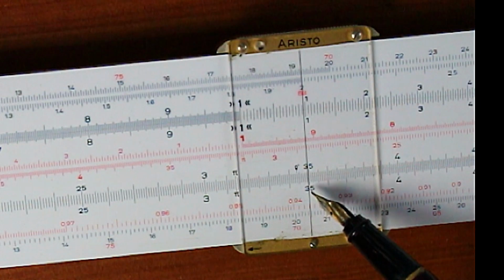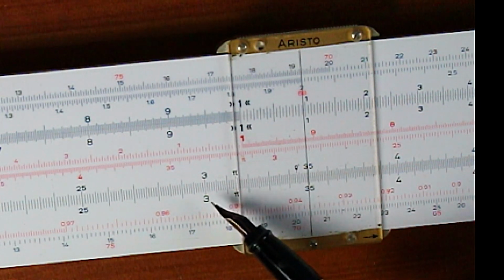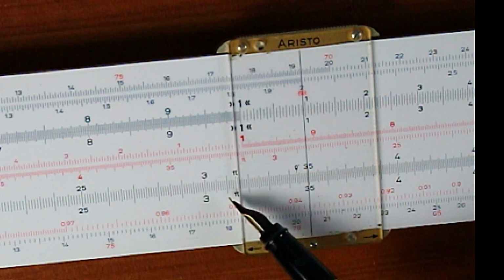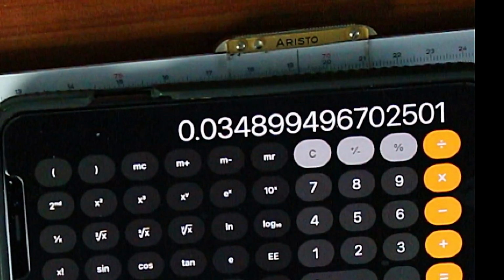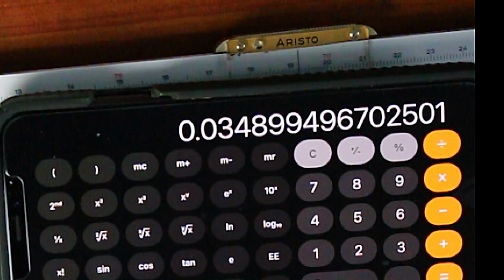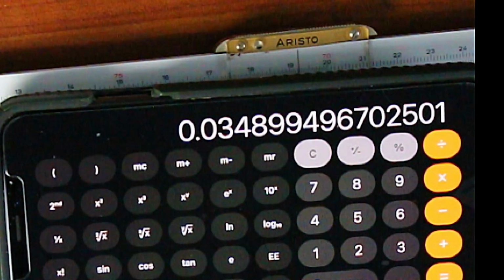We'd come down here and it would be 0.0348, or actually almost 0.0349.